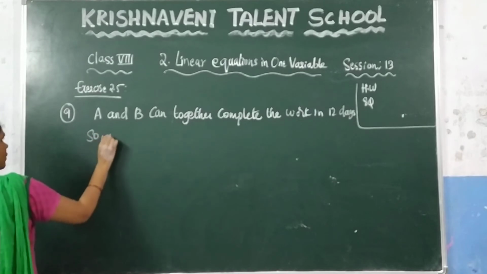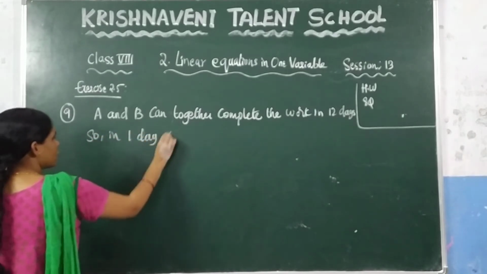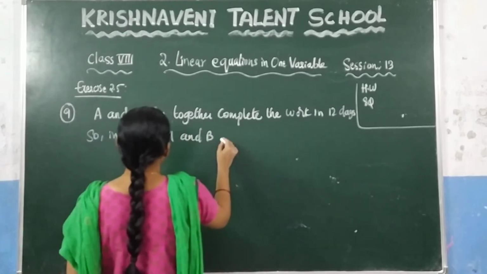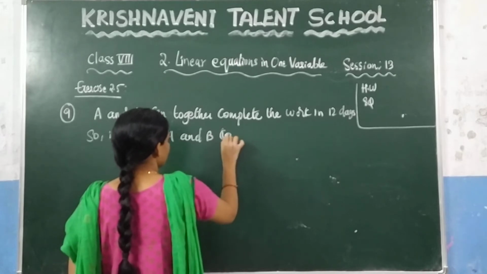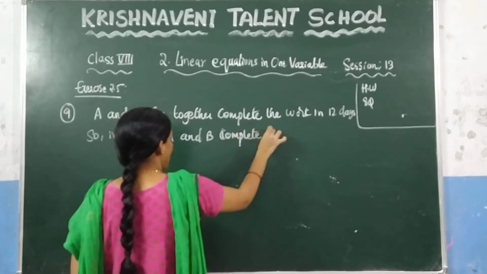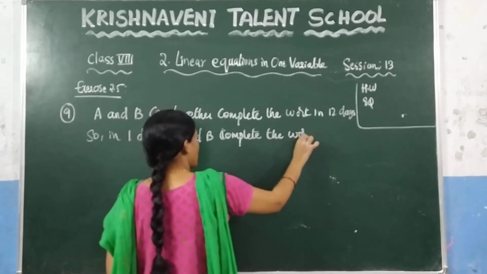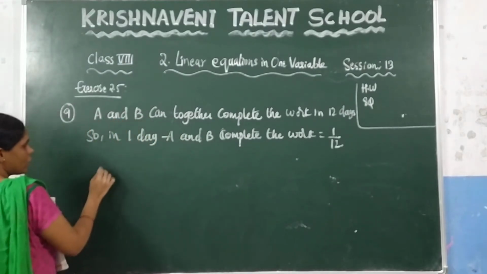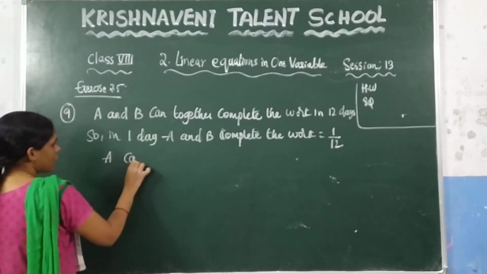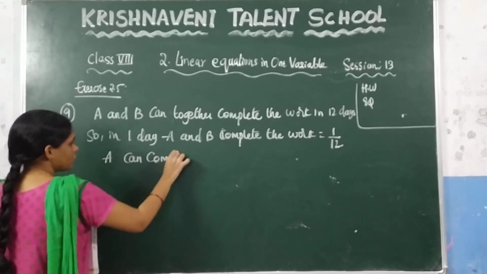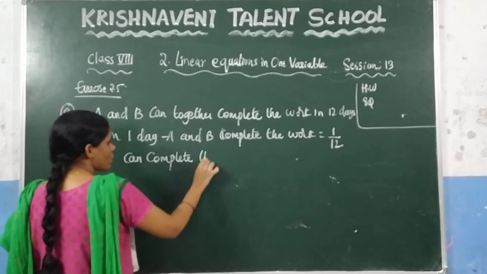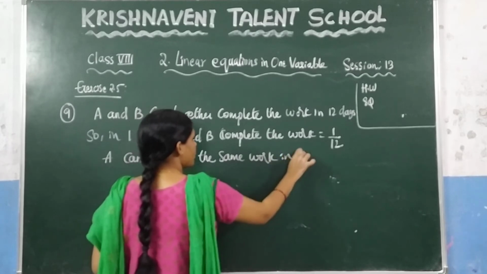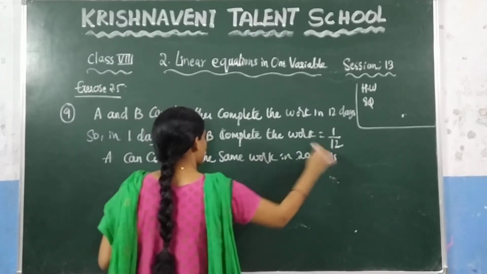So in one day, A and B complete how much work? 1/12 of the work, right? And after that they have given that B can complete the same work in 20 days. So in one day how much work can they complete here?